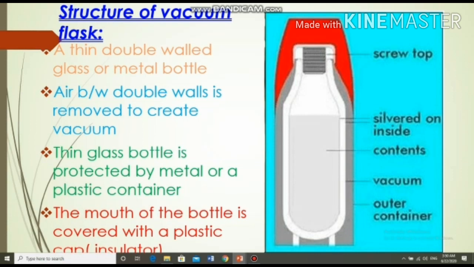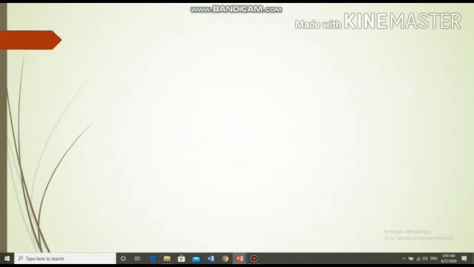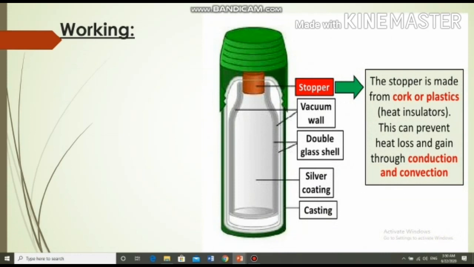Now we will discuss how this structure works for reducing the transfer of heat energy, as the structure of the vacuum flask is closely related to its working. As we know, vacuum is created between the double glass wall by removing the air.